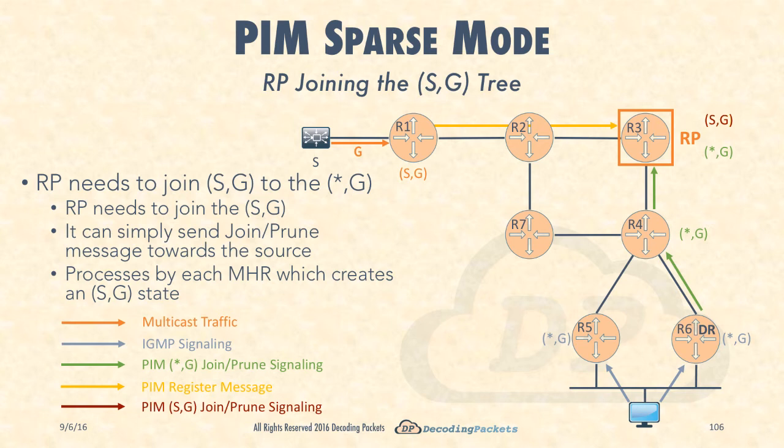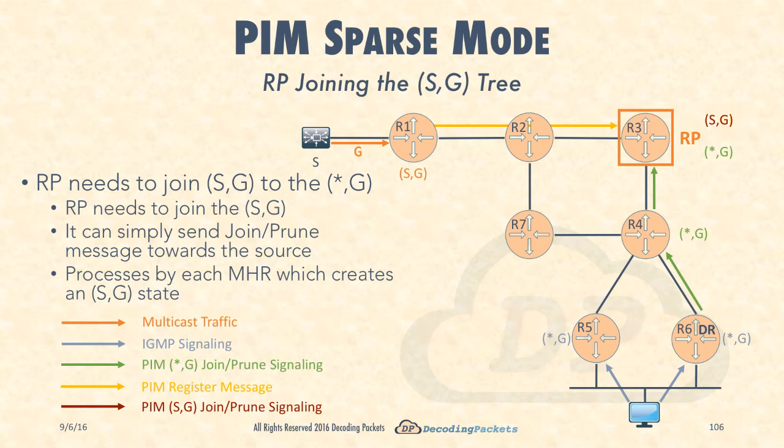But right now, there are a couple of things that must be noted about this particular topology. For the very first thing, there is a PIM registration message. If you look at that yellow message, that PIM registration message has already been sent from the first hop router R1 to the rendezvous point, which is R3. So R3 is already aware of an S, G state.